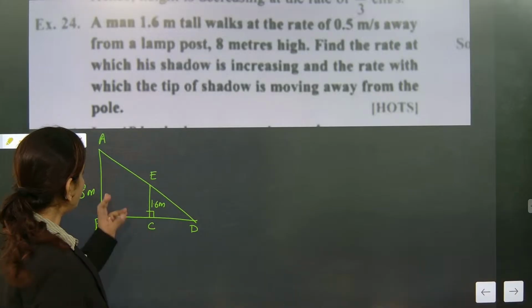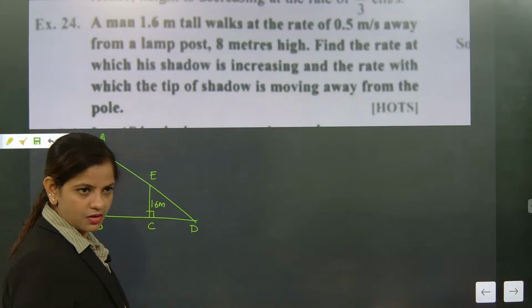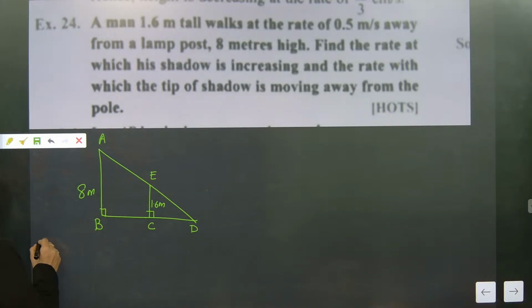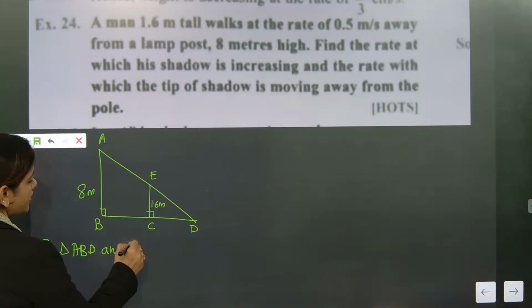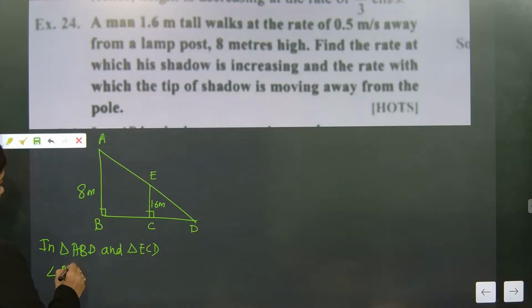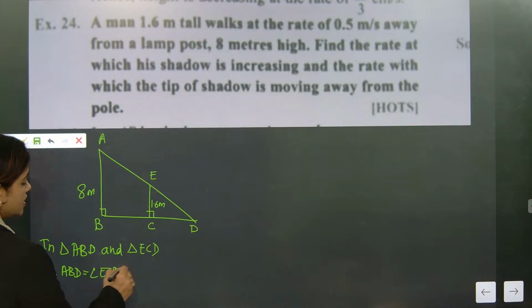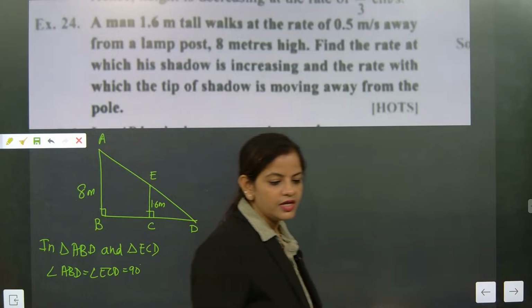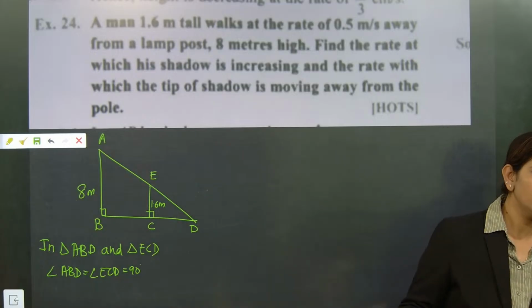Okay. Now can I make these two triangles similar first? So these two triangles, how are we going to make them similar? In triangle ABD and triangle ECD, first, angle ABD is equal to angle ECD is equal to 90 degrees, because both the man and the pole are standing perpendicular to the floor.